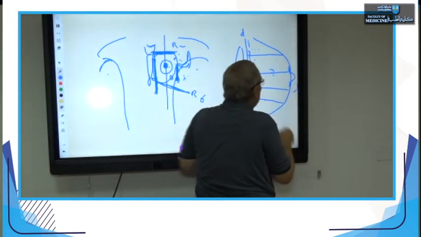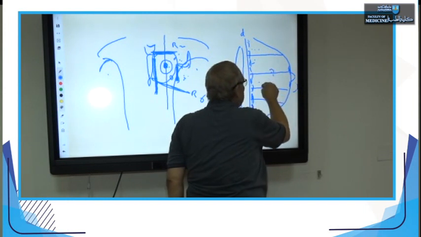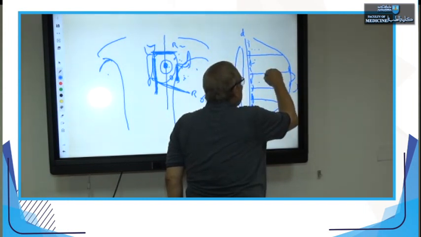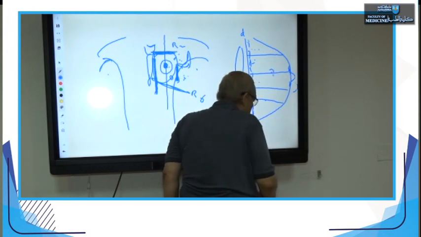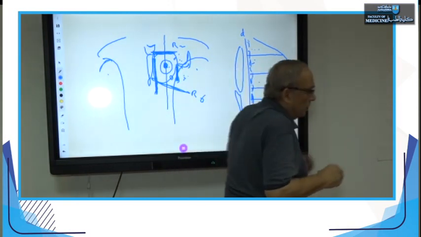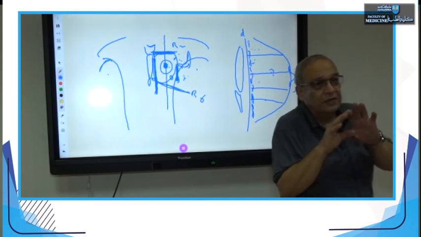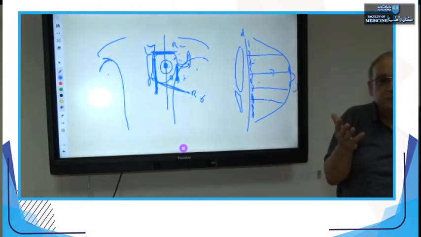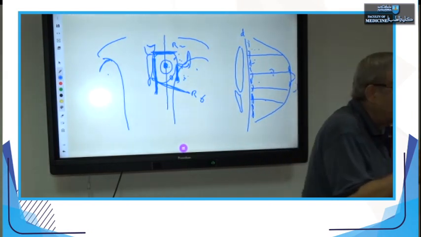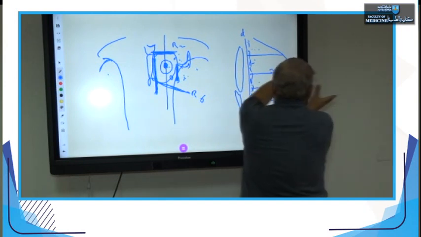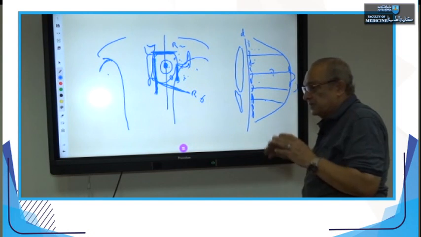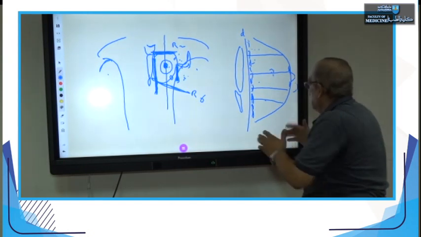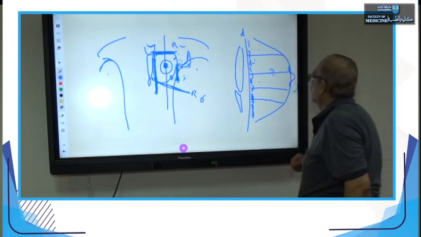And in old age, these ligaments become weak, and therefore the breast comes down. Therefore, we say that the breast of the young adult female is protuberant, directed forward. And in old females, we call the breast pendulous, that is directed down.